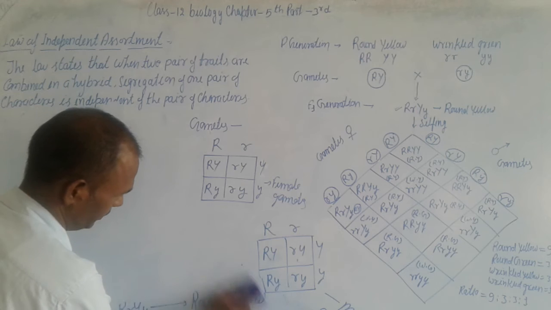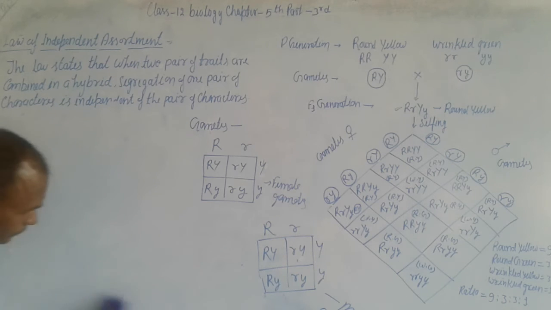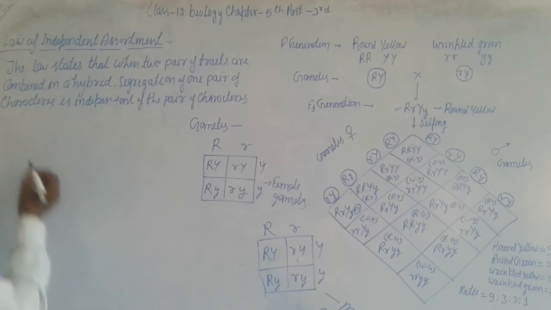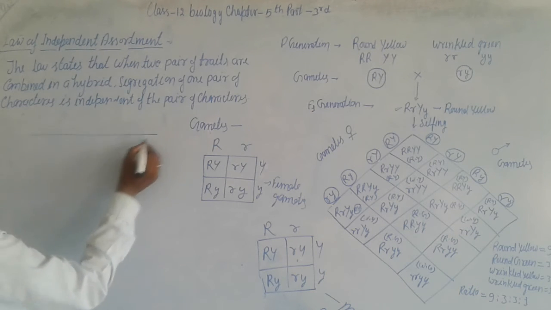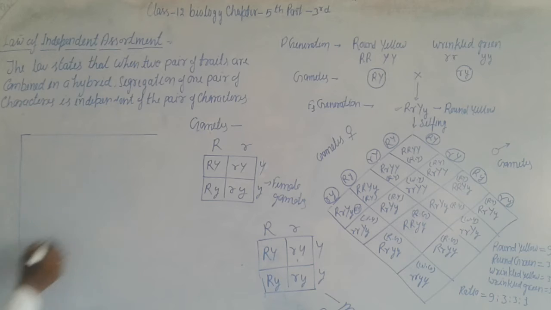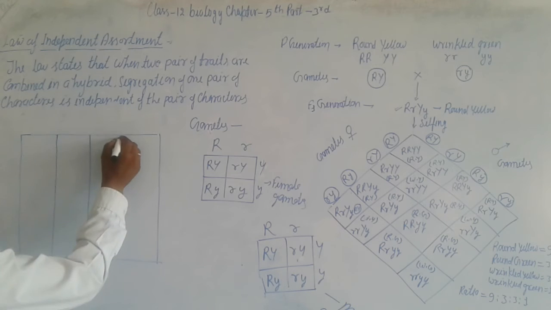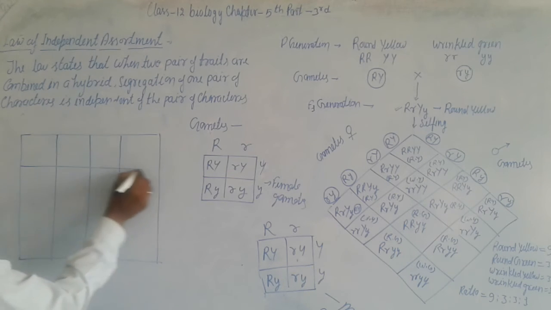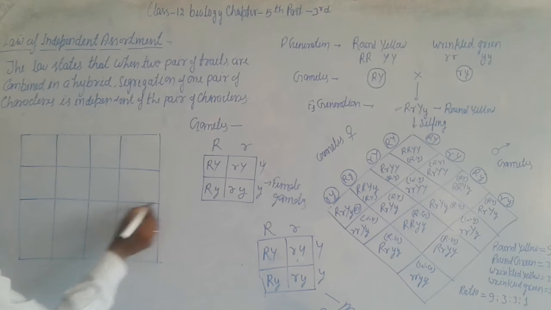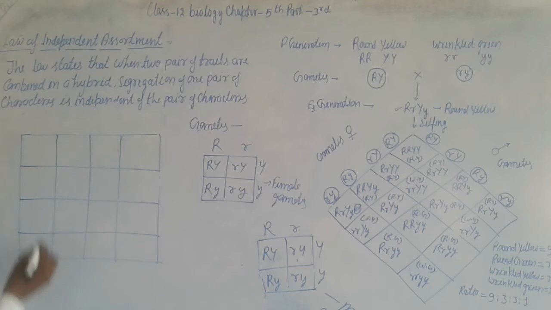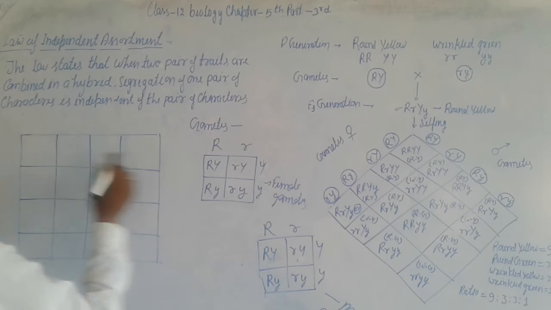This is the male gametes. Make a chart with 1, 2, 3 and 4.